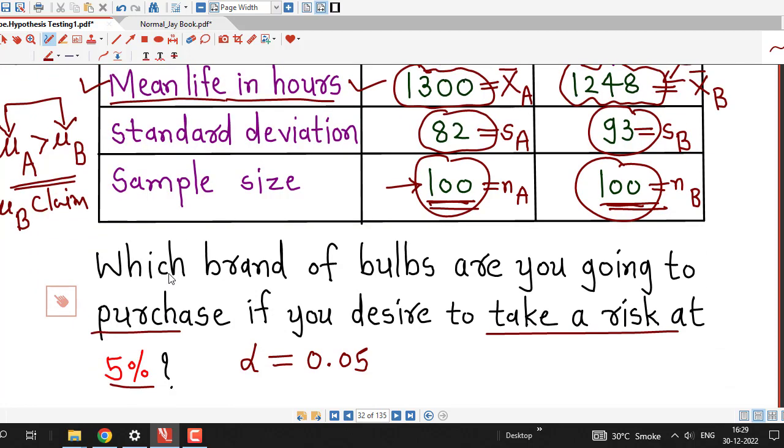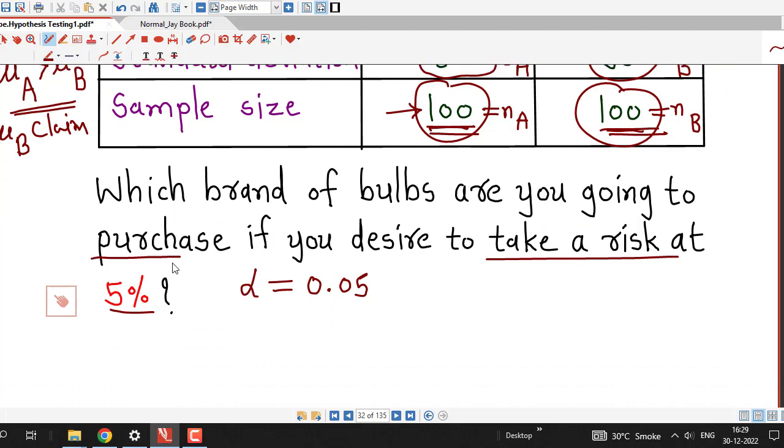For that we will consider the two sample Z hypothesis test.